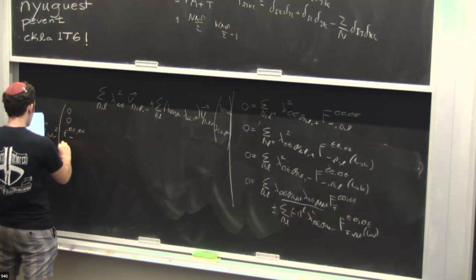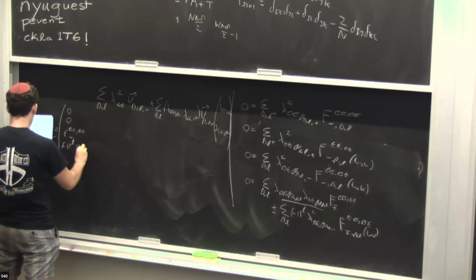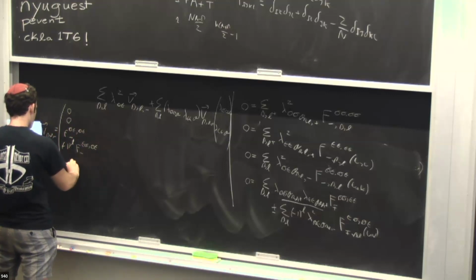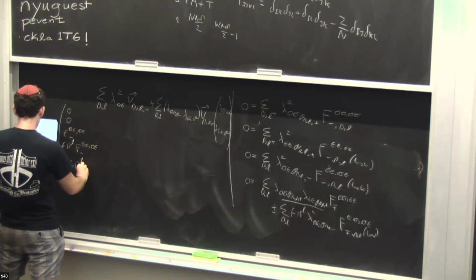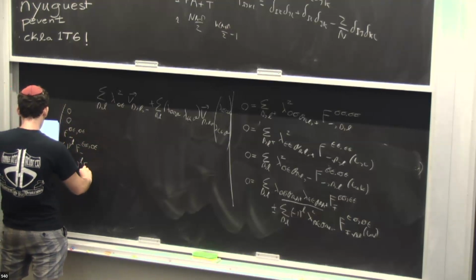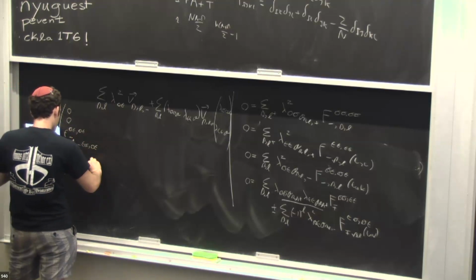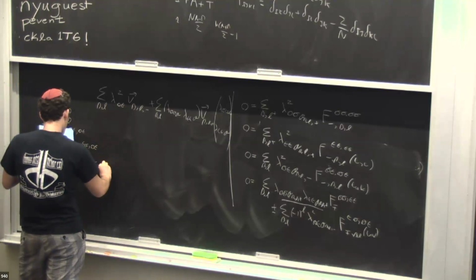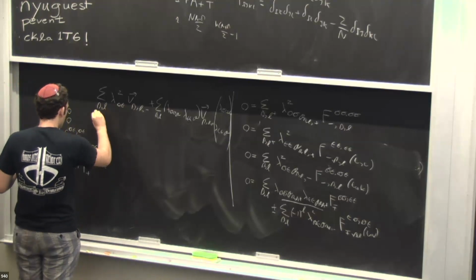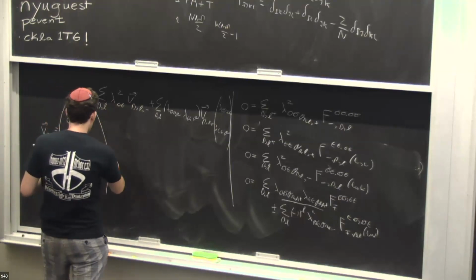I'm not going to write all the labels here for simplicity. F minus, epsilon sigma, sigma epsilon, and then finally minus 1 for spin, F plus epsilon sigma, sigma epsilon. Okay, so this was the first one.